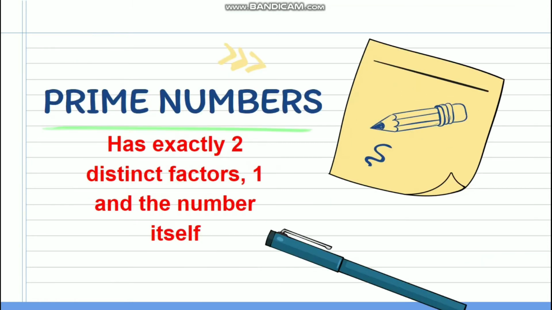Next word, let's have prime numbers. A prime number has exactly two distinct factors, which are 1 and the number itself. So when a number has only two distinct factors, it is a prime number. But if the number has three or more factors, it belongs to the composite numbers.